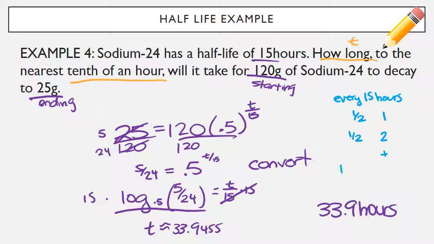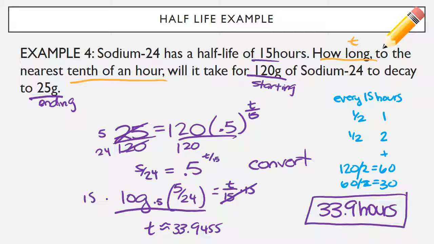Okay, well, let's see. 120 cut in half is 60. 60 cut in half is 30. And I'm trying to get to 25. So it's like I halved it just a little bit more, and that makes sense because I'm just over 30. So 33.9 hours makes sense. So I'm okay with that. If I half and half, that would make sense.